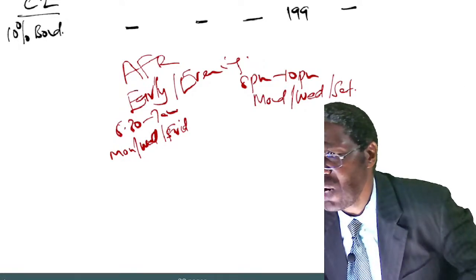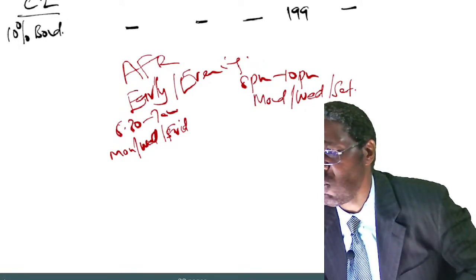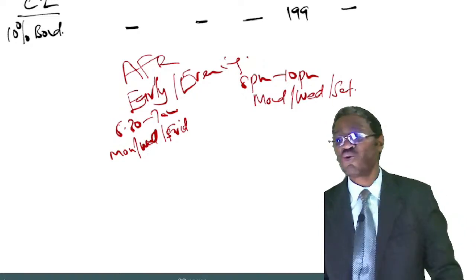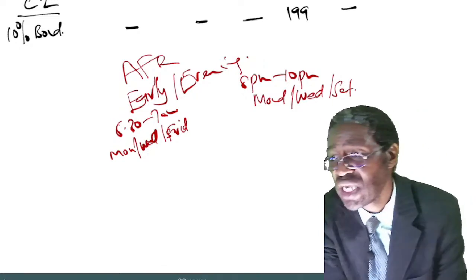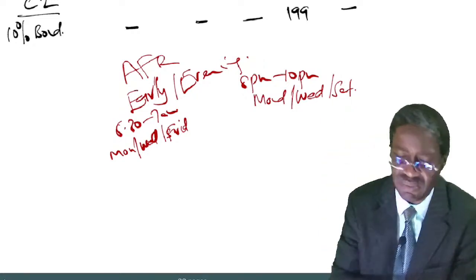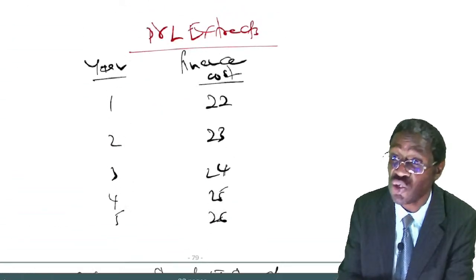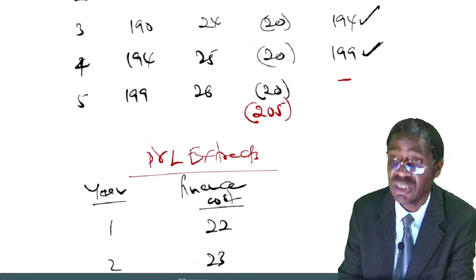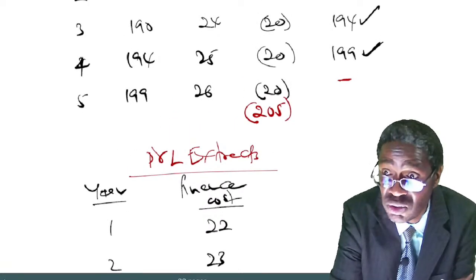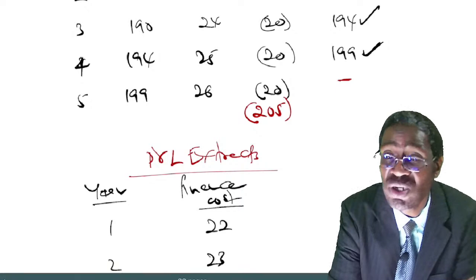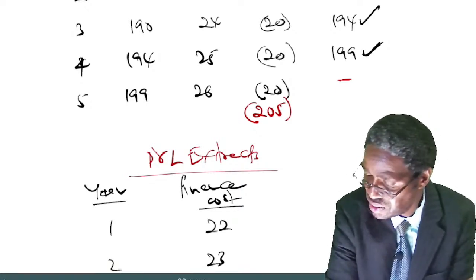Kindly repeat how to arrive at the 205. Kennedy, listen, let me repeat for your sake first. The question will tell you how the bond is being redeemed.